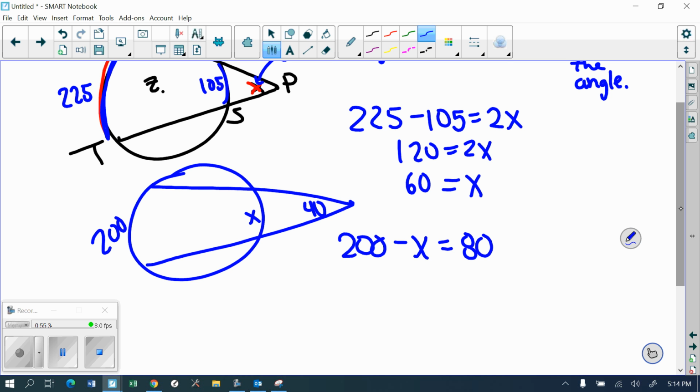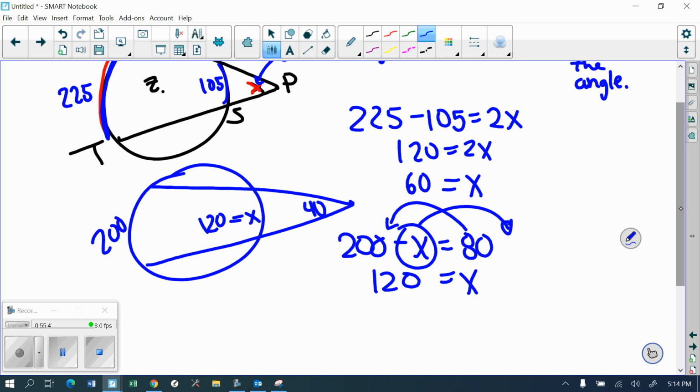Double 40 is 80. I want to solve for x. I'd be smart and subtract that across. 200 minus 80 is 120 degrees. So then this right here would be 120 degrees. They could have made the 200 the x and given me the smaller arc. I'd do the same formula and solve it for that. All right.